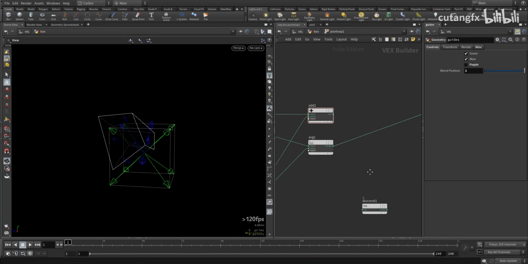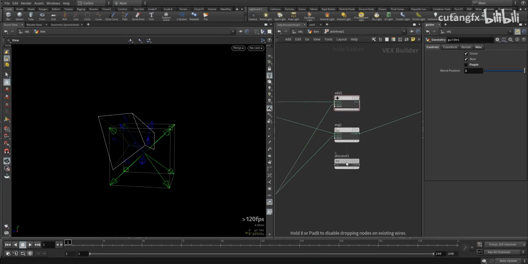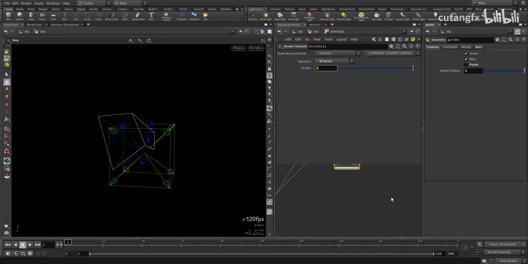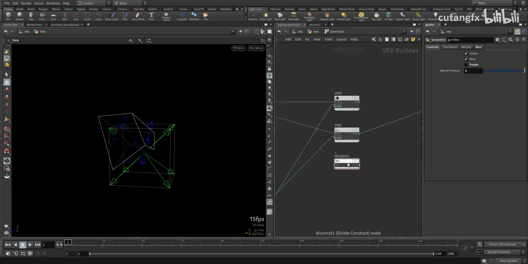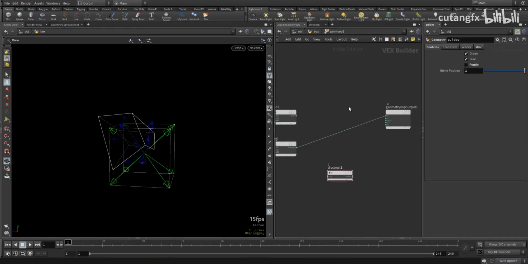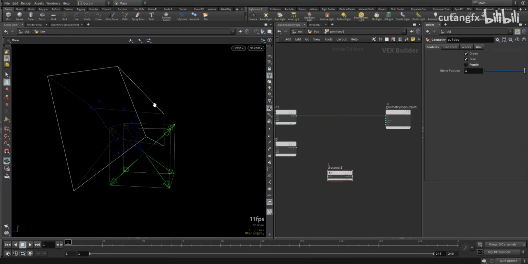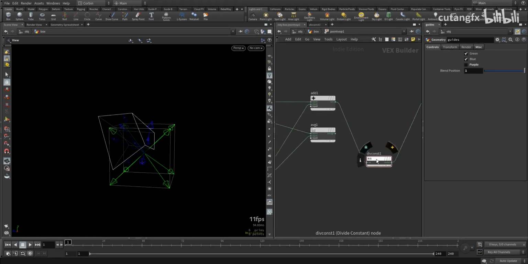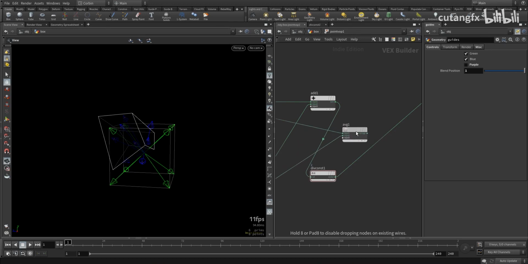Now, mathematically, what is happening in an average is this: if we took our addition, so our added value instead of our average, and we divided that result by 2, then we would get the exact same thing.